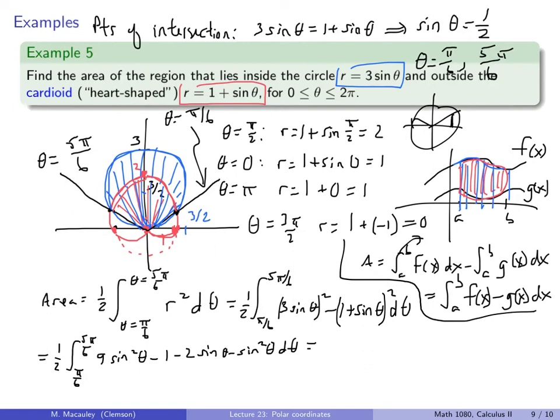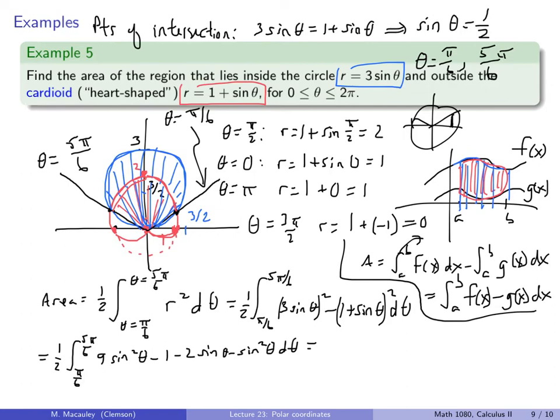How do I want to simplify this? 5 pi over 6 is not the friendliest of angles, because I'm going to have a root 3 over 2. It should be clear that this area is just twice this area, just by symmetry. So let's integrate from pi over 6 to pi over 2. It's a much nicer angle. And then just double it.